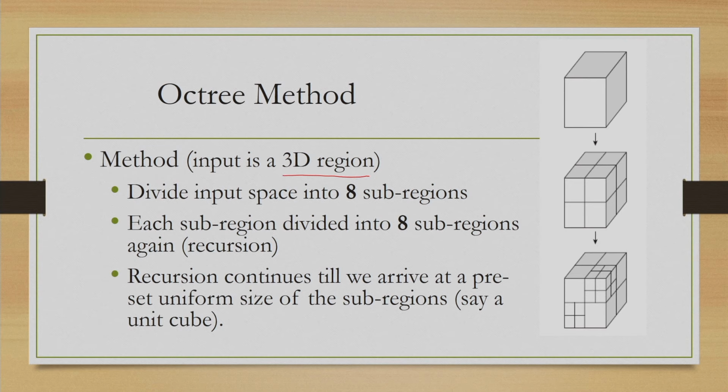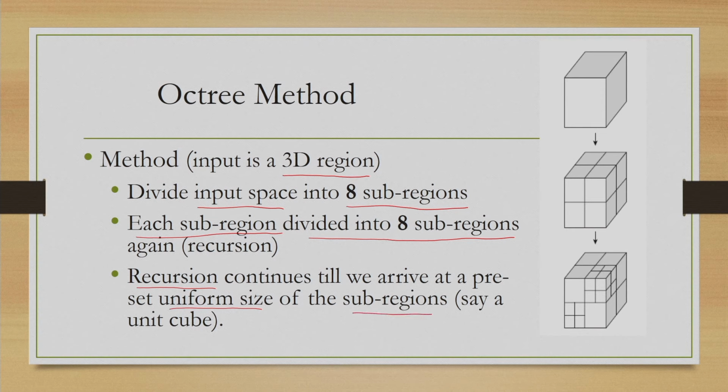Now, we divide this input space into 8 subregions. Then each subregion in turn is again divided into 8 subregions. So, essentially this is a recursive step, and this recursion continues till we arrive at some preset uniform size of the subregions.